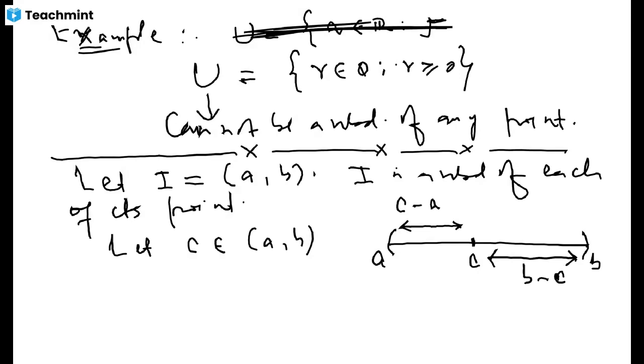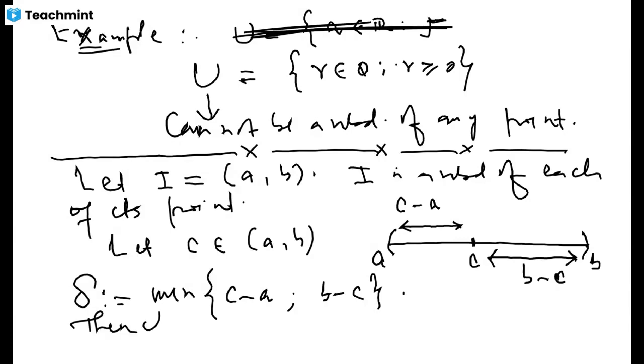So I'm going to find one delta, and I'm going to take this delta to be the minimum of C minus A and B minus C. Clearly, since C lies inside the open interval and is neither equal to A nor equal to B, both C minus A and B minus C are positive numbers, so this delta is a positive number.